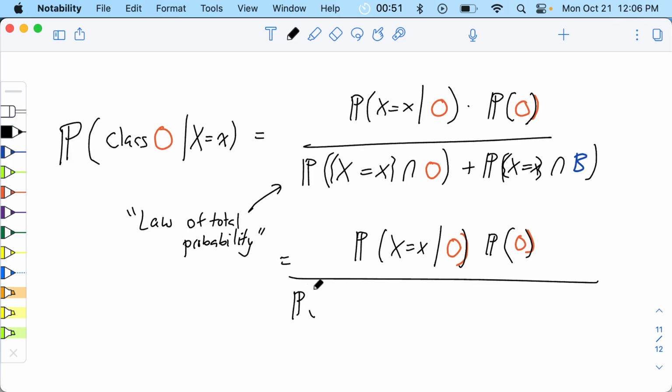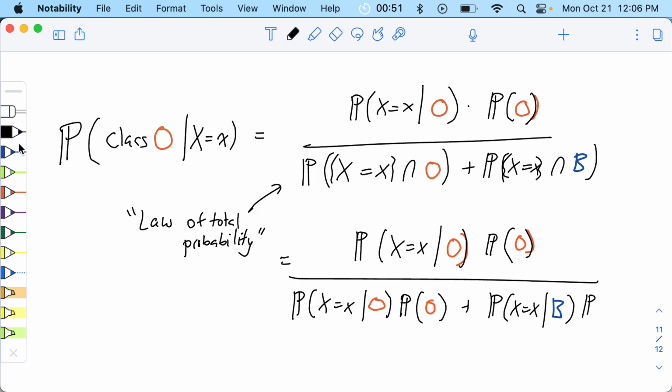It's the probability x equals x given that it's orange times the probability of orange again, plus the probability x equals x given that it's blue times the probability that it's blue. Okay, and that's a very nice looking probability.